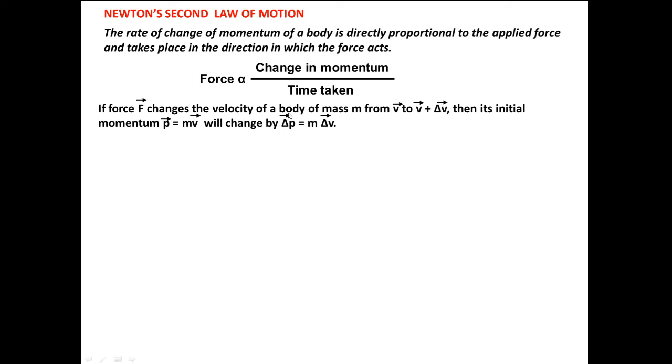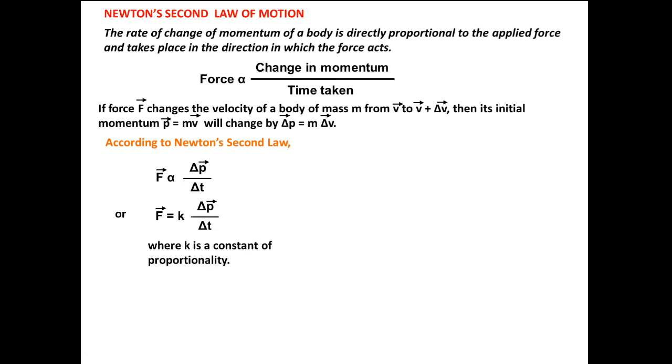Now for time t to t plus del t, we can say F is proportional to del p by del t, or F equal to a proportionality constant k times del p by del t.